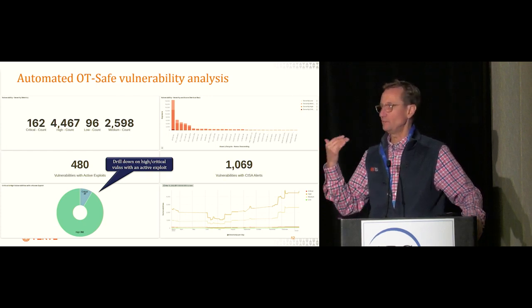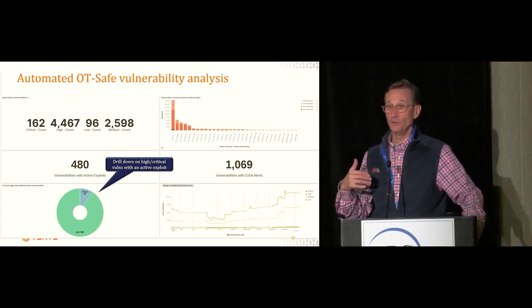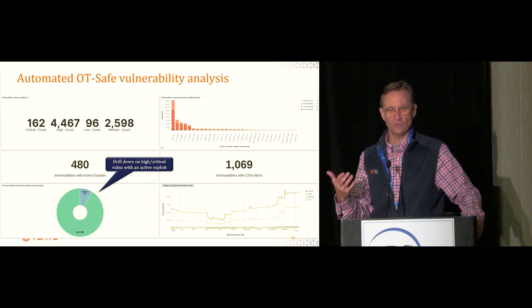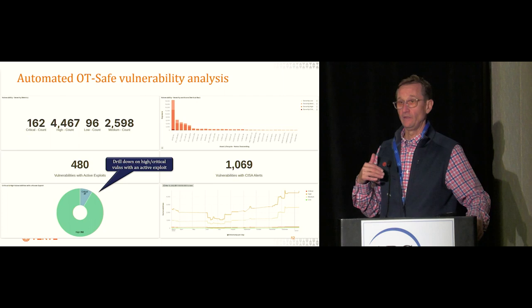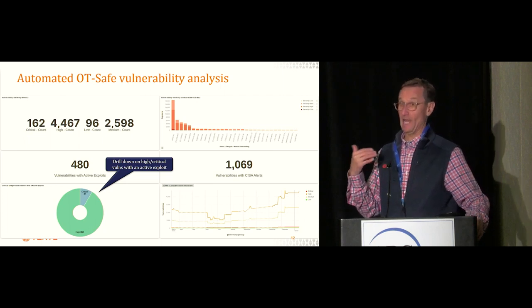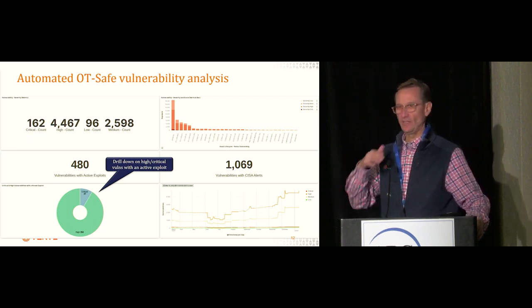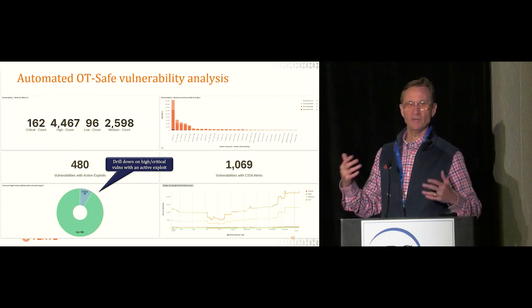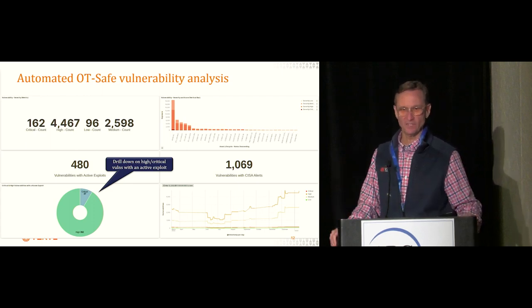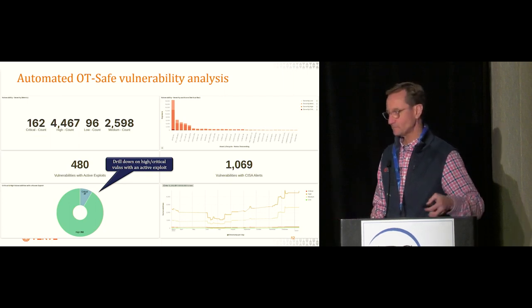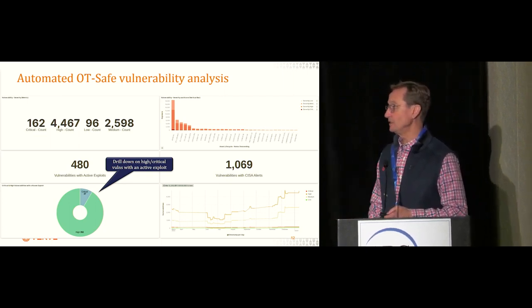So we can pull data out of CISA and others where we know if there's actually a known exploit for those. And this becomes a bigger issue as we talk a little bit further. But there are a lot of vulnerabilities out there in OT today that have no known exploits. And how do we think about the balance of that versus, you've got WannaCry sitting on that device, as an example. So first thing is gathering the vulnerabilities.